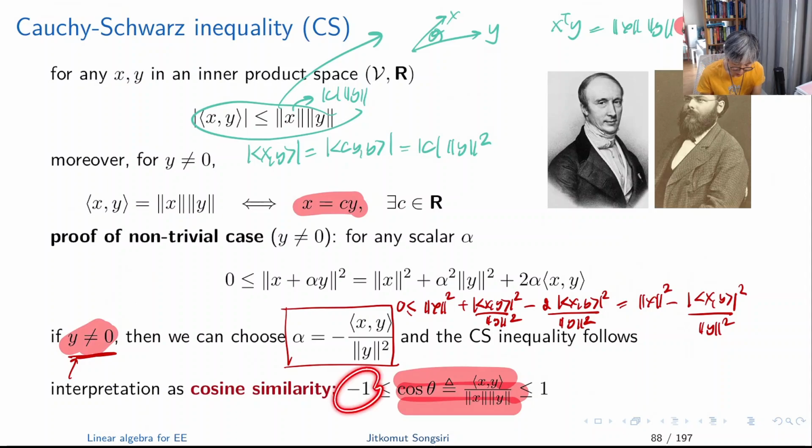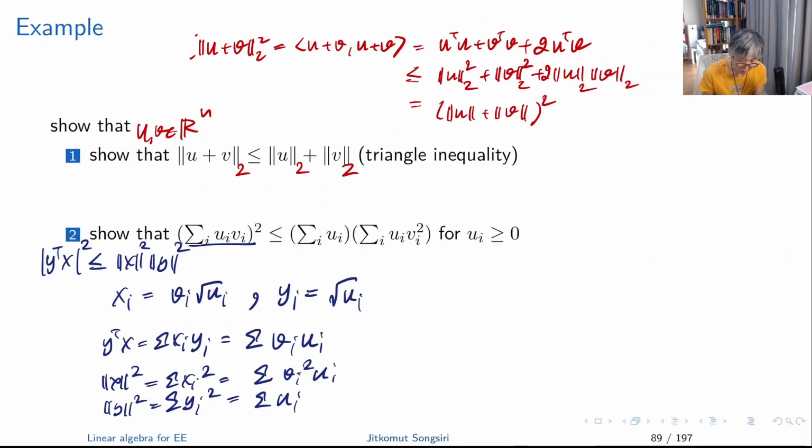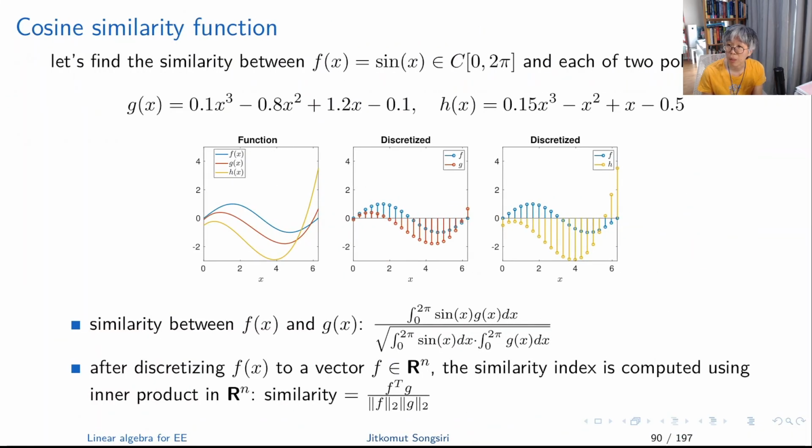It can be -1 when y is some negative number times the vector x. Okay. So cosine similarity has been used a lot in applications. It can be an index or metric that tells the relationship or similarity degree between two vectors in inner product space.